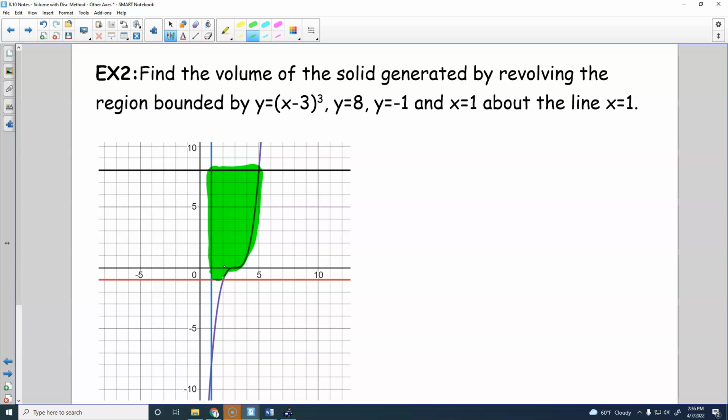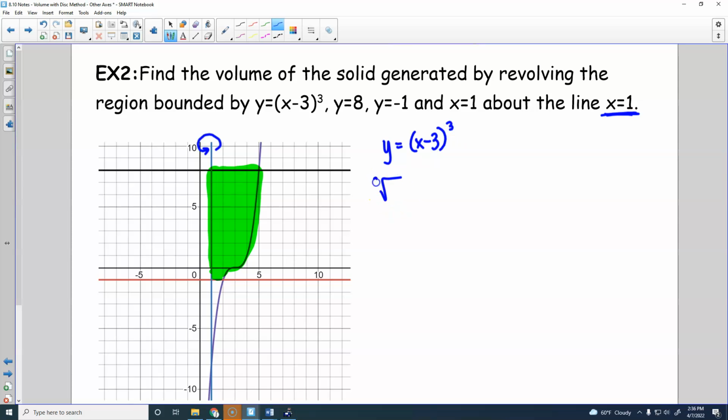All right. Okay, so we've got this area, and we're going to rotate around the line x equals 1. Which line is that? Vertical, and it's this one right here that we're rotating around. Okay? All right, so if I'm rotating around a vertical line, Daniel, is that going to be in terms of x or in terms of y? It's going to be y's. So my equation is not in terms of y, so I need to solve it for y. So I've got y equals (x minus 3) cubed.